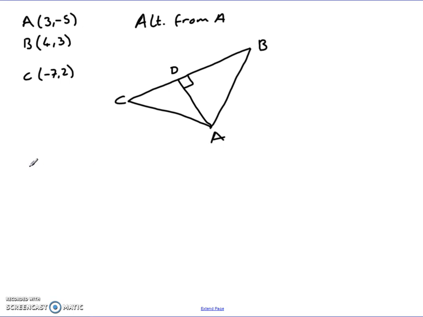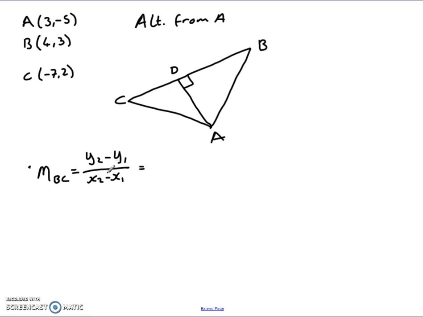We have that. Second was to calculate our first gradient. So in this case, I want the gradient of the line BC. Now remember the formula for the gradient? y2 minus y1 over x2 minus x1, where the y1, y2, x1, x2 all come from the coordinates we've got here.